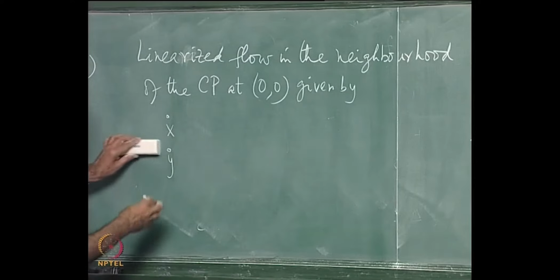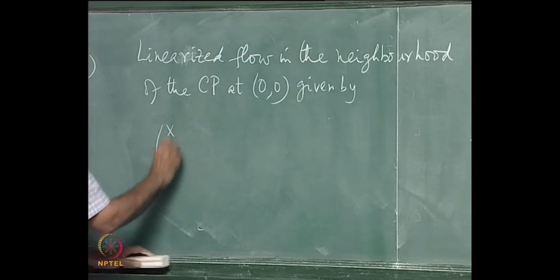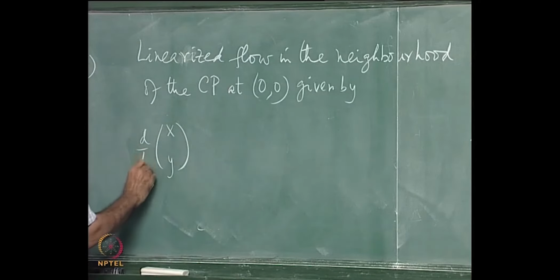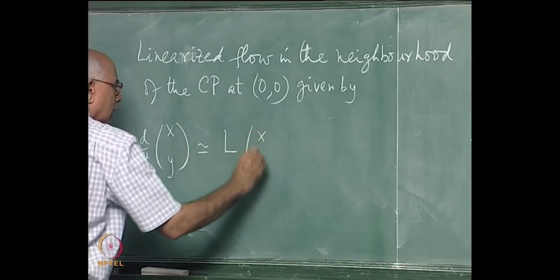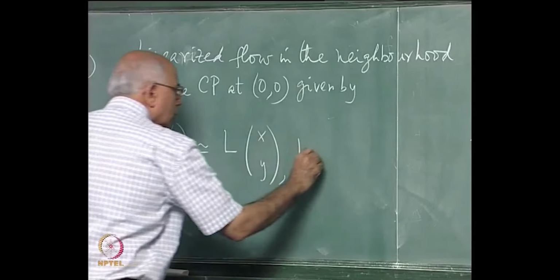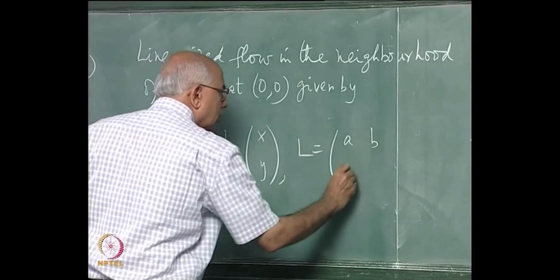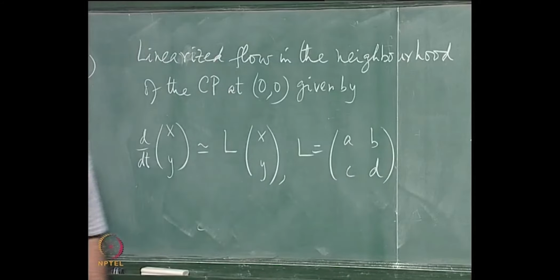Let us write this as a matrix: d over dt of x y is L times x y, where L is the Jacobian matrix A, B, C, D.